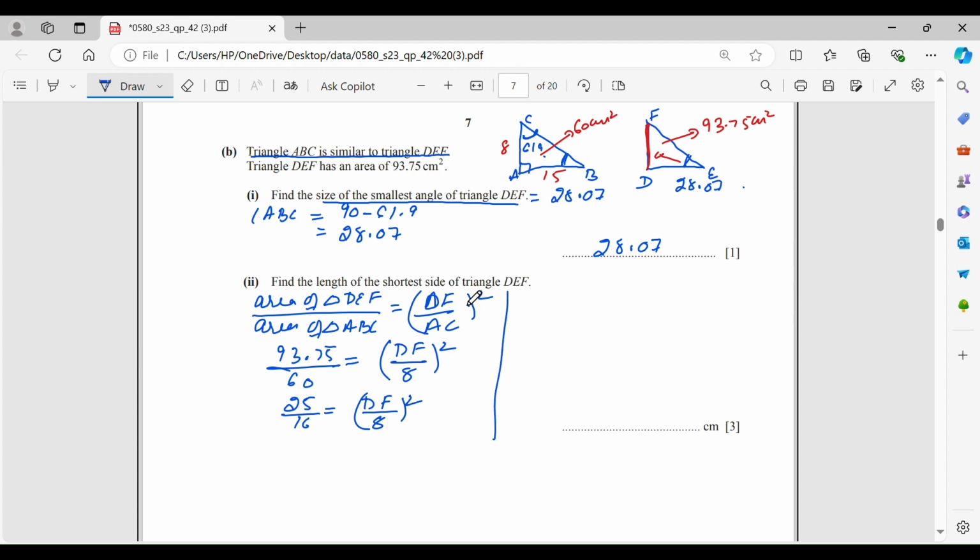Now DF over 8 is equal to the root of 25 by 16, which is 5 by 4. Now DF is equal to 5 into 8 by 4, which is equal to 10. So our answer is 10 centimeters.